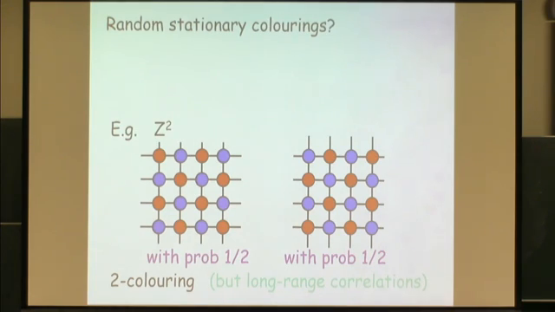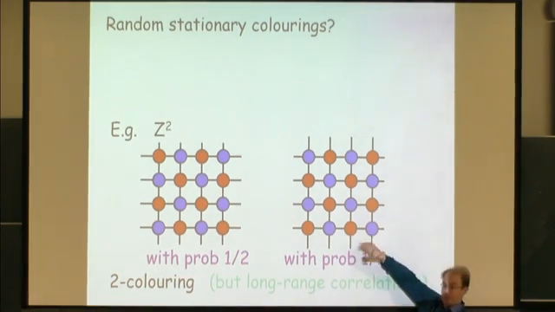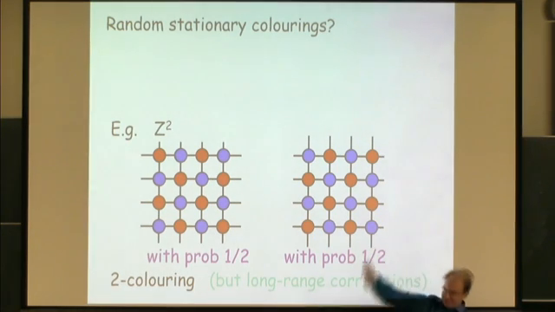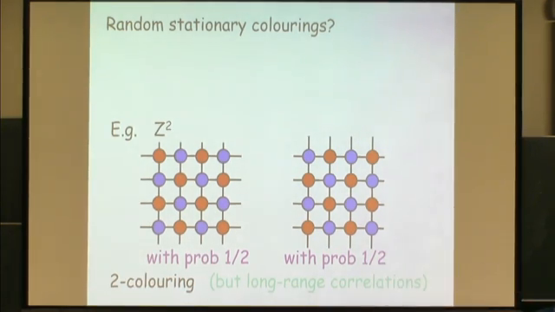That's all you can do. So that is a stationary 2 coloring, of course. But this isn't really what I want, because this has very long range correlations. If I tell you the color of this vertex here, if I tell you it's blue, then you know you're in this coloring, so you know the coloring of everything else. You know the coloring of vertices far away.